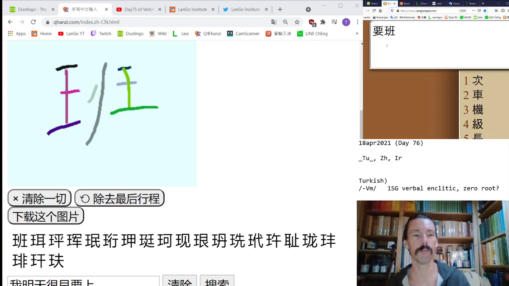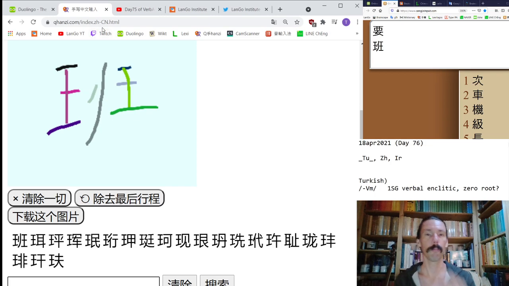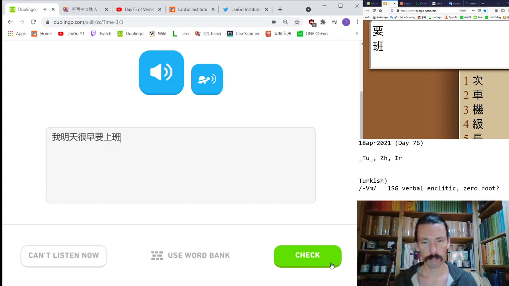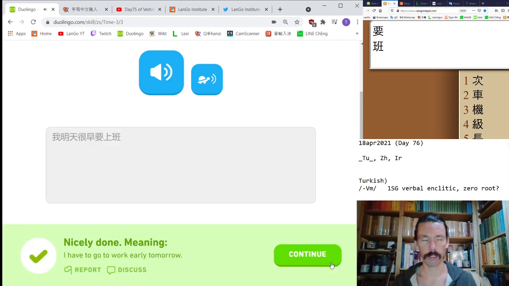MGILG, that's it. 班, these are not a phrase, just two that I'm looking up here. 明天很早要上班. Go to work early tomorrow. 我明天很早要上班。 Have to go to work. 要 can also mean obligation.